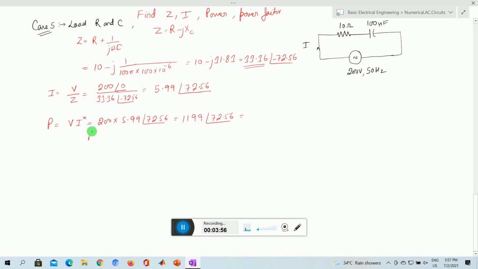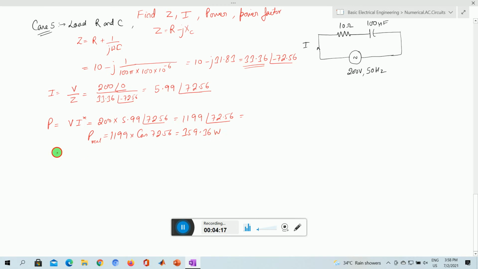So P, the real part, that is the power dissipated in the resistor, is 1199 into cos of 72.56, and that value is 359.36 watt.